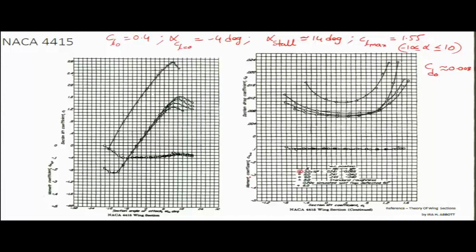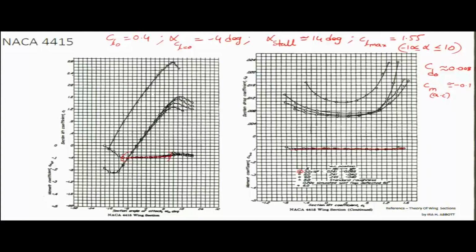And what is the CM about aerodynamic center? CM about AC is approximately minus 0.1, right. So you can see here, in the linear regime of angle of attack, the CM almost remains constant with angle of attack.